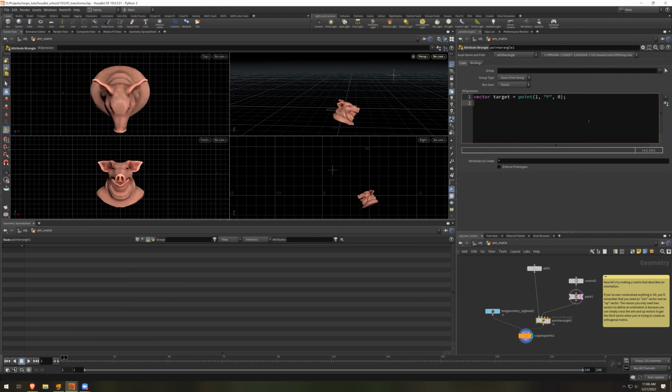What I want to do now is subtract my current position, the position of the pig head, or the point that this pig head is going to be copied to, the single point, from that target's position. Because again, vector subtraction, and I'll scroll over this in a second, vector aim equals normalize. Because again, for orientations, everything's got to be normalized. Make sure you're doing this. Target minus the point position.